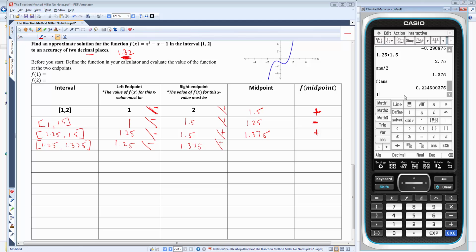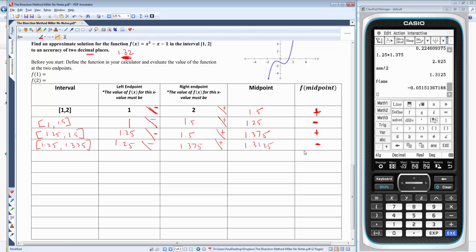All we're going to do now is add these two numbers together. Divided by 2, 1.3125, and we're going to find f of the answer, and we're going to note that that produces a negative.